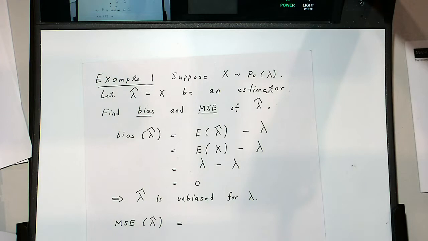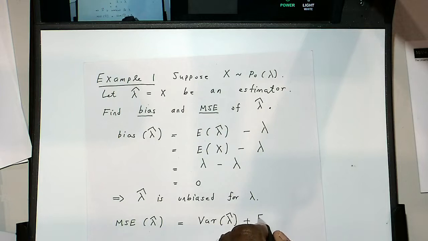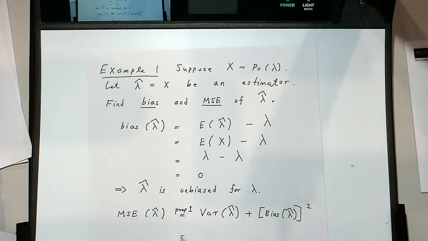Now, one of the properties I gave you, you should look at over here, the first property. It says that the MSE can be written as the variance of lambda hat plus the square of the bias of lambda hat. That's using property number 1, which is on the screen. Right now we know from here that the bias is 0.